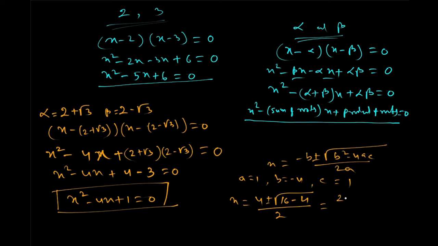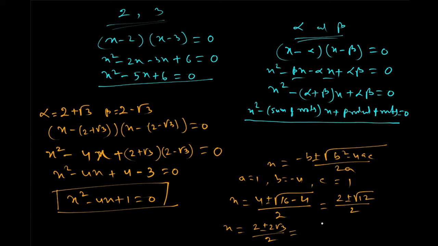So you get 2 plus minus root over 12 divided by 2. So x is equal to 2 plus minus root over 12, 12 we can write as 4 into 3. So root of 4 is 2, so 2 root 3 divided by 2.